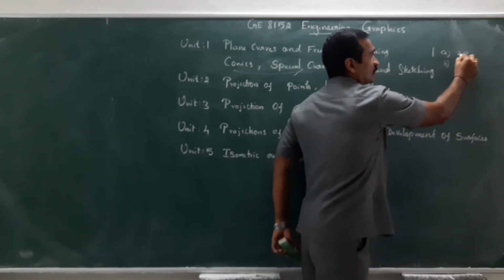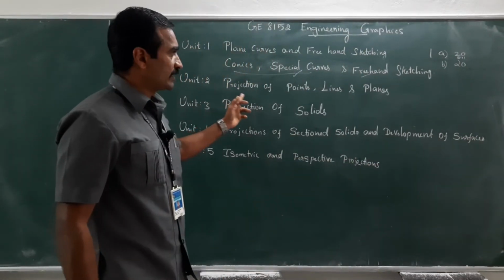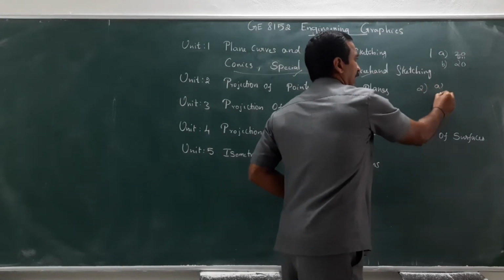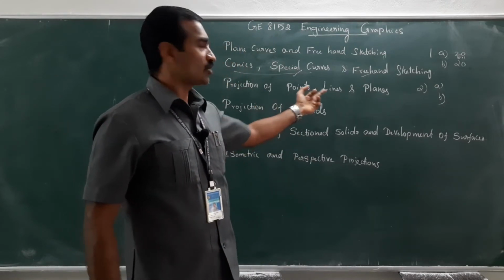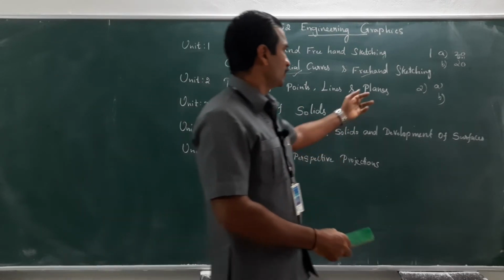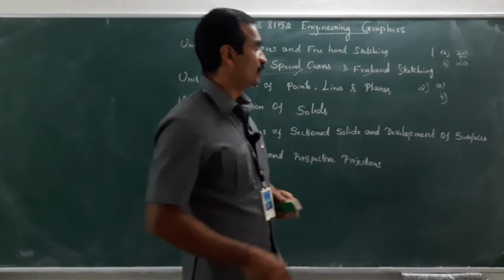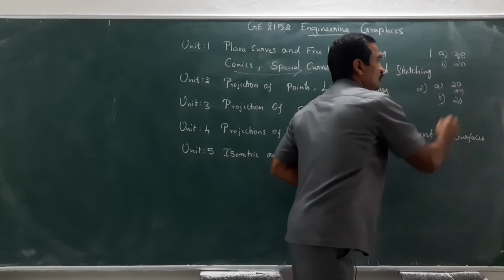As far as unit 2 is concerned, again A and B: one question will be from either point or straight line, and the second question might be from the projection of planes, and again it carries 20 marks.